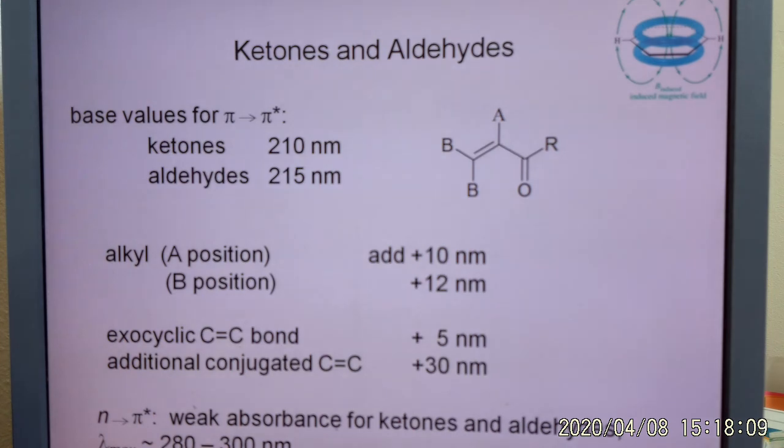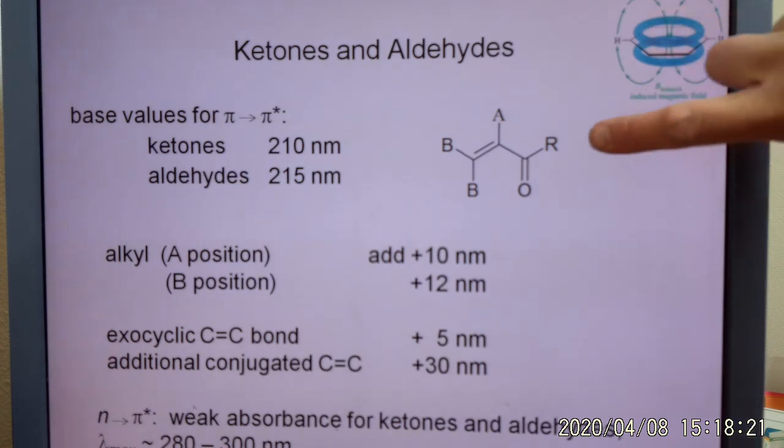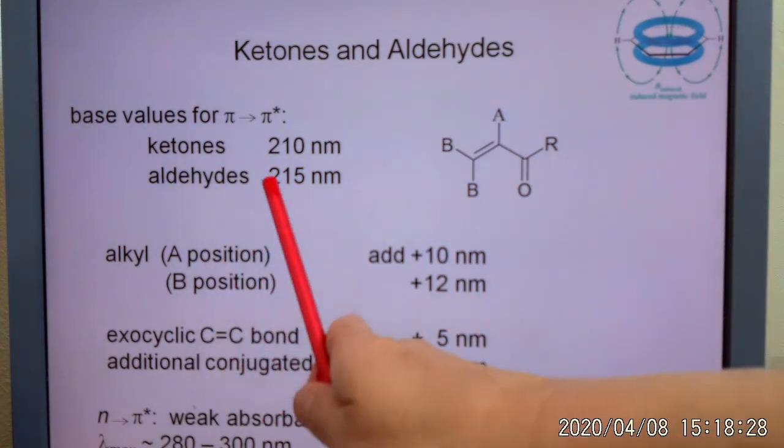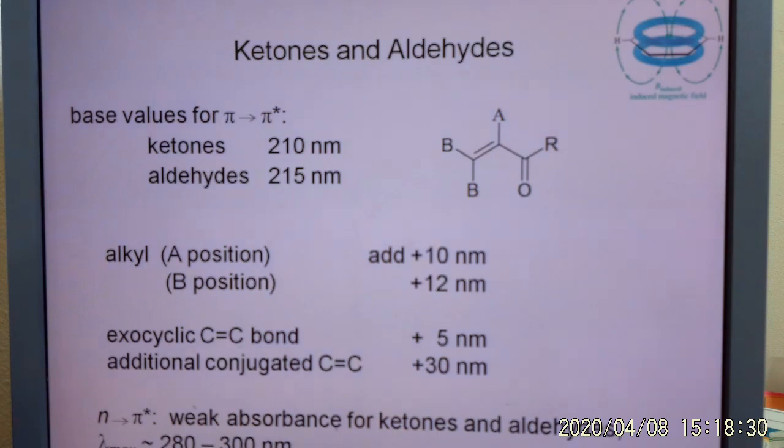We've talked about carbon-carbon double bonds, but we should talk about carbon-oxygen double bonds. And we are also, again, looking for pi to pi star. The base for that, if R is an alkyl group, so you have a ketone, is 210 nanometers. If it's an aldehyde, it's slightly higher at 215 nanometers.